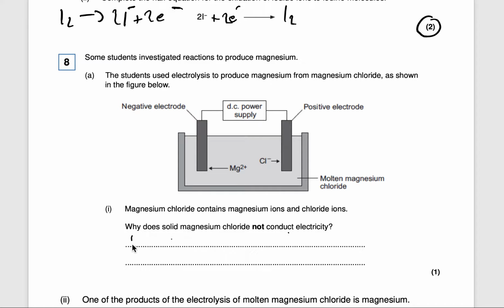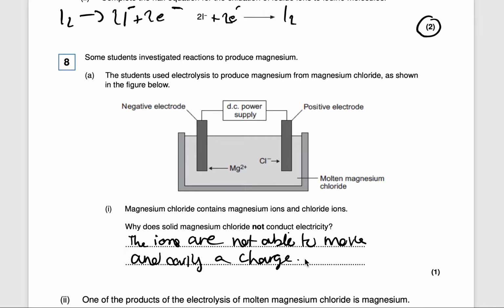So the ions are not able to move and carry a charge. Okay, and that will get you 1 mark.